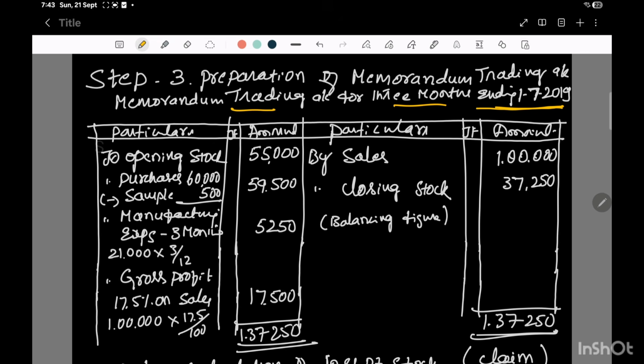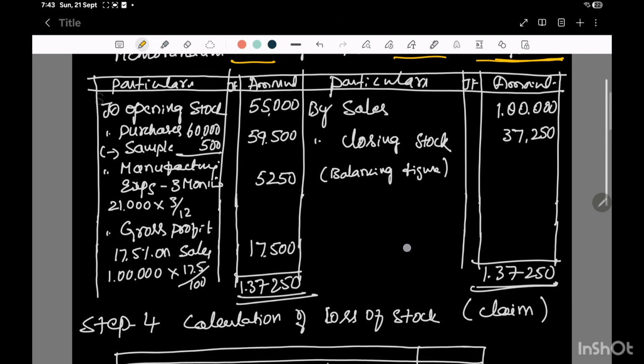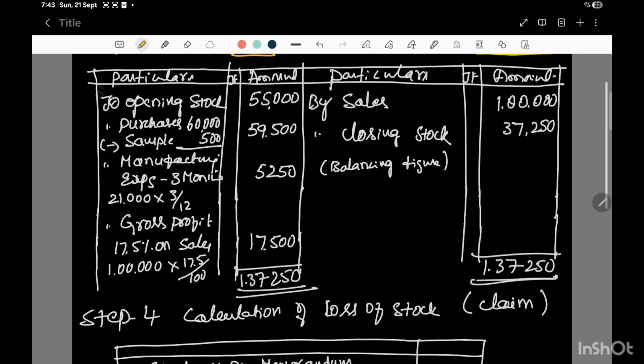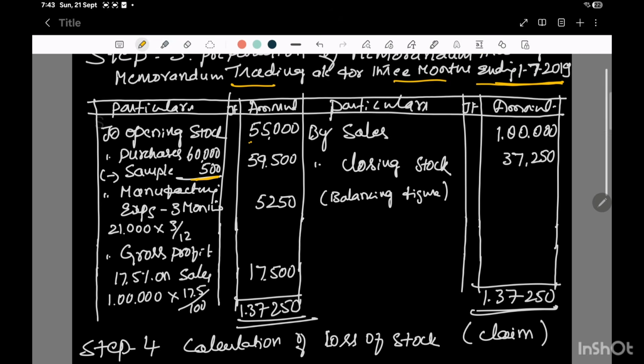So opening stock, that is the previous year closing stock, becomes the opening stock here, 55,000, and they have given the purchases for the current year. Out of that, we are going to subtract the sample which is given. 500 sample is given in the adjustment. That is to be subtracted, so that we will get 59,500.